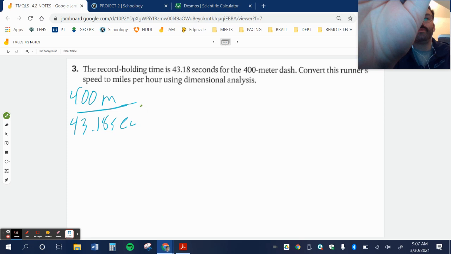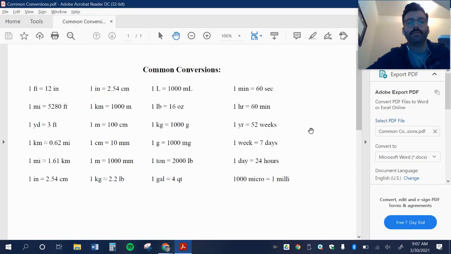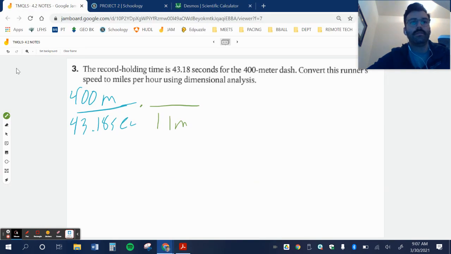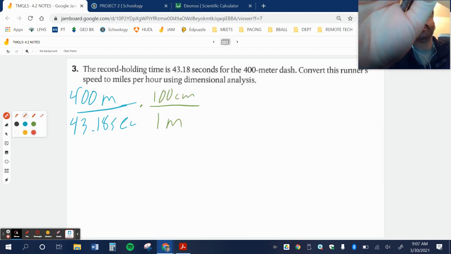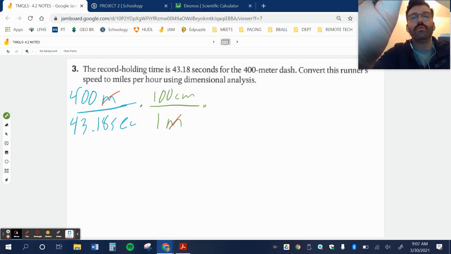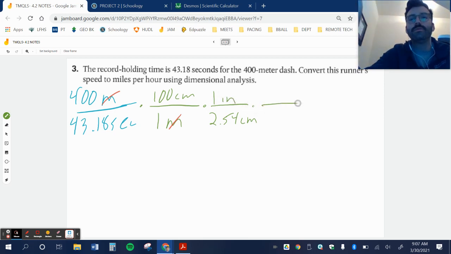All right, so I want to go meters, 1 meter equals 100 centimeters. Boom, meters are gone. 2.54 centimeters is 1 inch. 12 inches is 1 foot.